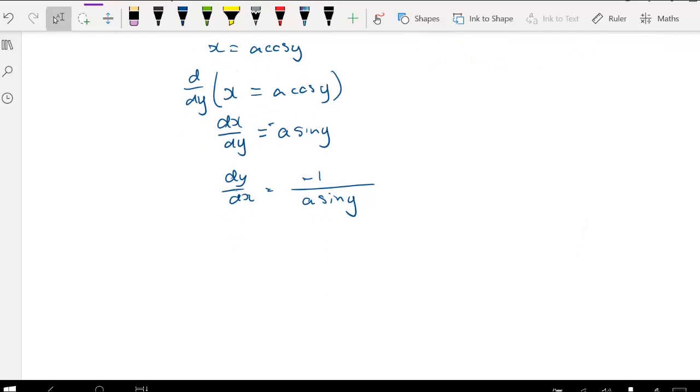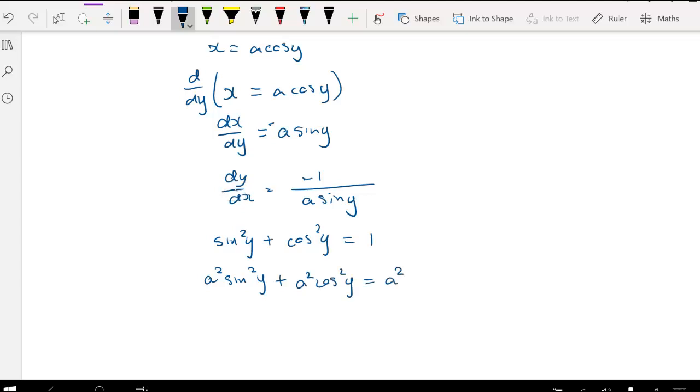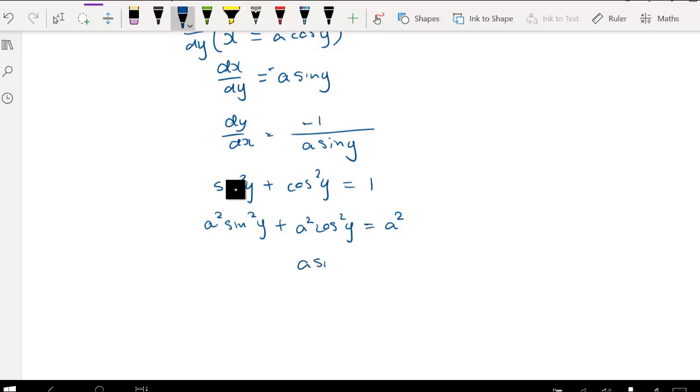So utilizing the Pythagorean identity again, we know that sin²y + cos²y is equal to 1, and therefore a² sin²y + a² cos²y is equal to a², and (a sin y)² is equal to a² - (a cos y)².